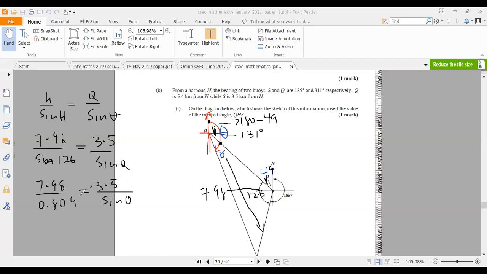Cross multiply. So if you cross multiply, what do we get? Sine Q times 7.98 is equal to 3.5 times 0.809.